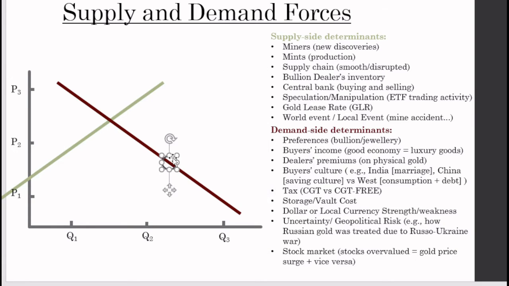Well, now the price will settle at P2.3 or 4, so it's higher than before, right? At the same time, the amount of gold buyers will want to buy is going to be less.